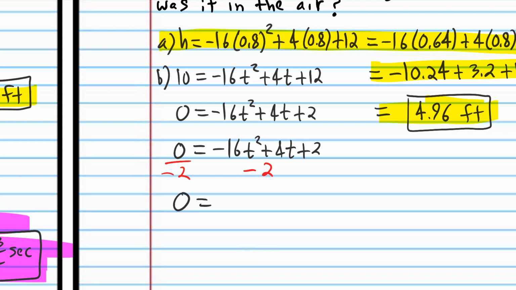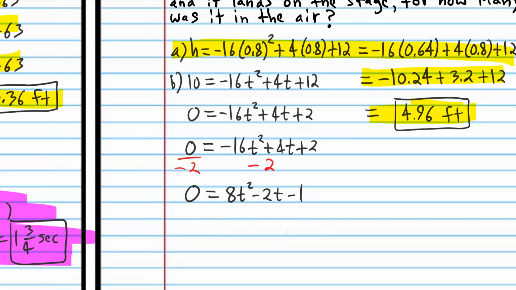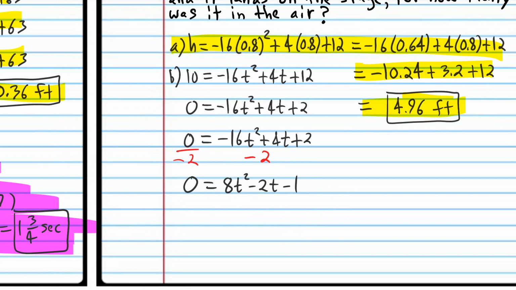So I'm going to divide both sides by -2. So that would just still be 0, and we get 8t squared minus 2t minus 1. And that looks correct. So now we have to factor. And I'm going to try 4 times 2. And then let's see, -1 and +1.